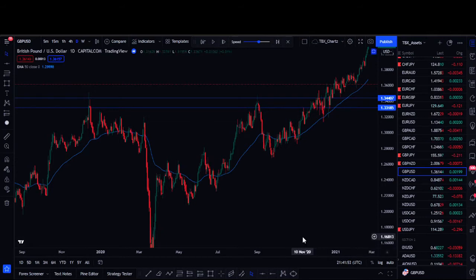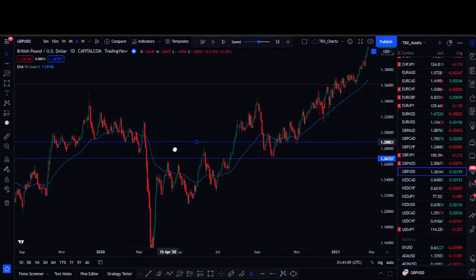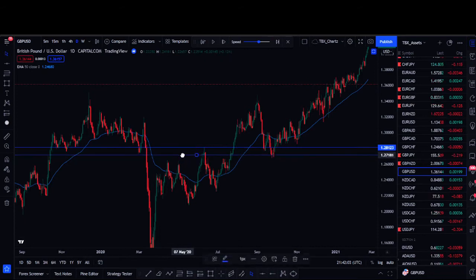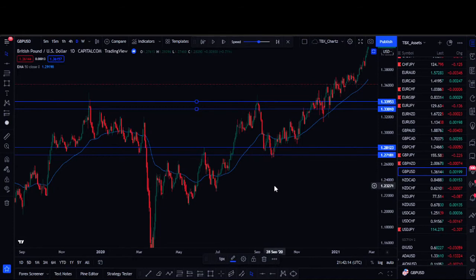Now, support is the zone. Let me draw this. Support is a zone in which price retests.